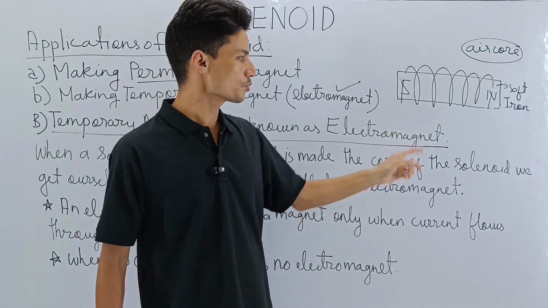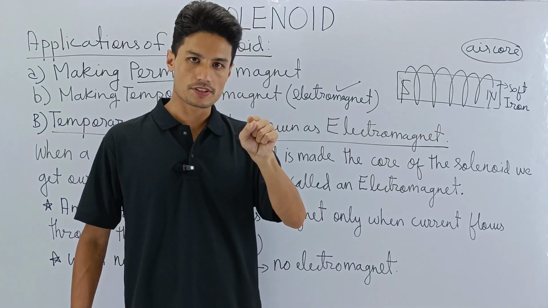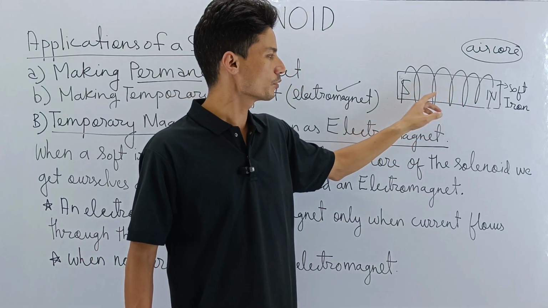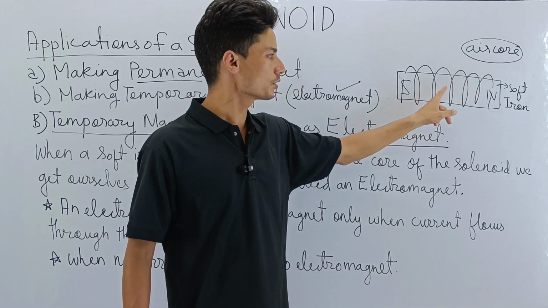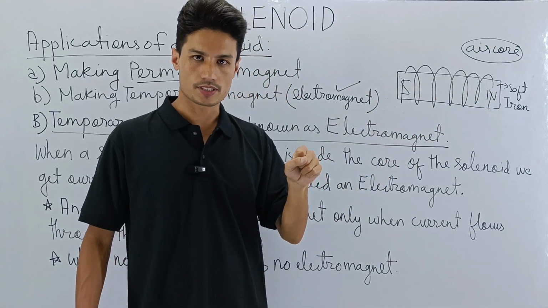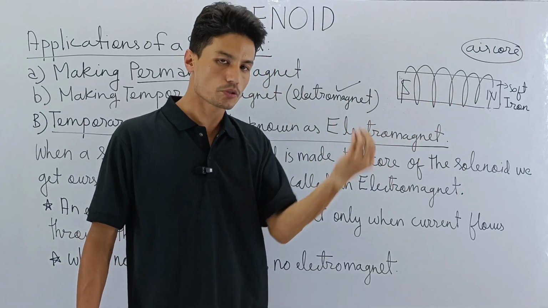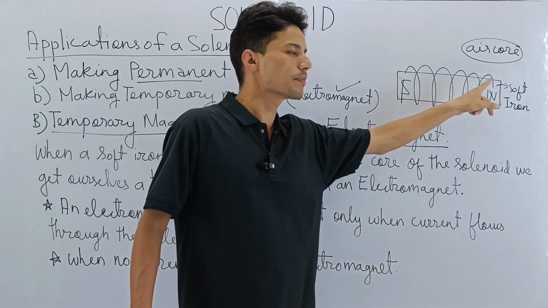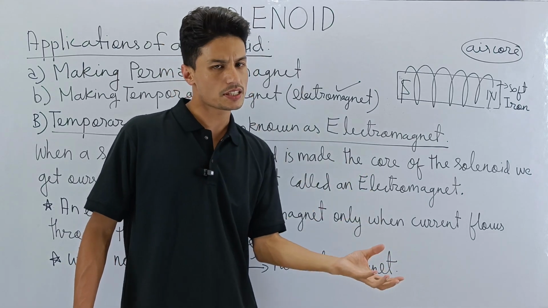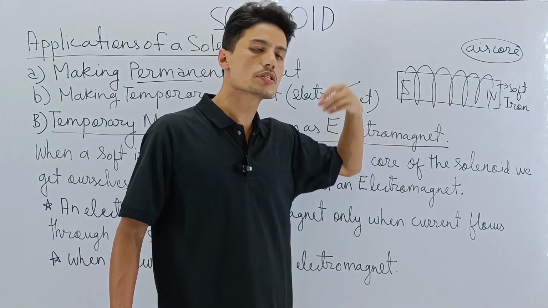That's why when current starts flowing through the solenoid, it produces a magnetic field. Now the magnetic field will pass through the soft iron core, and the material of the soft iron core gets easily magnetized. It's quick to magnetize, so it quickly behaves like a magnet. But just like it could easily magnetize, when you switch it off, it again loses its magnetic properties.